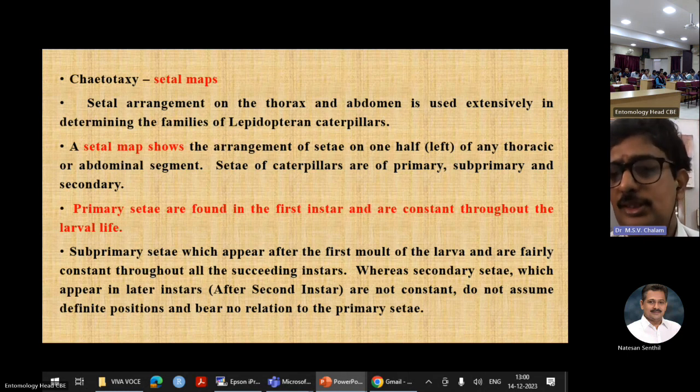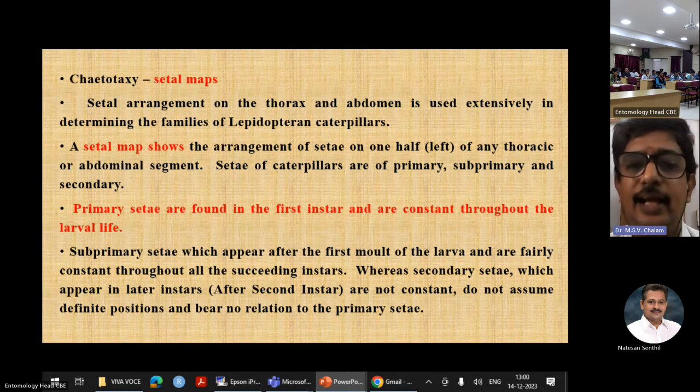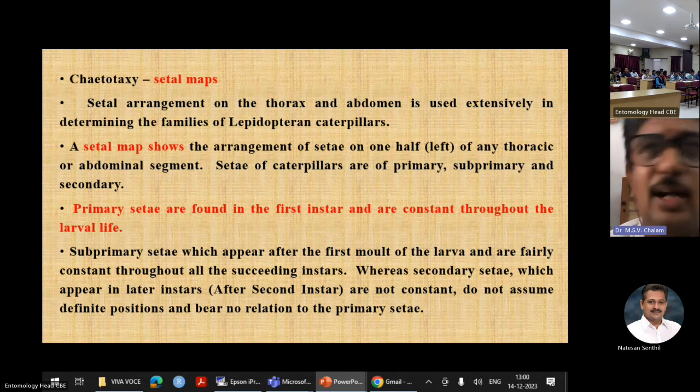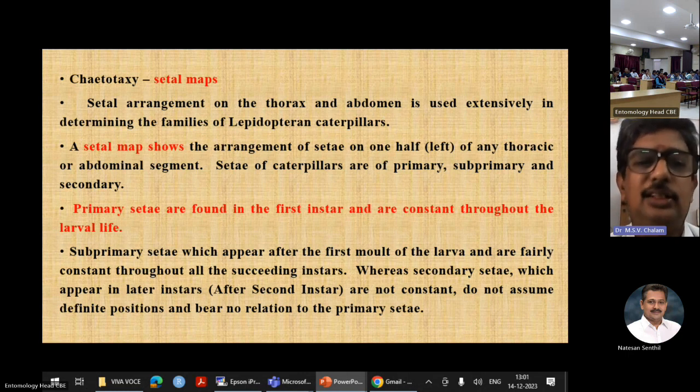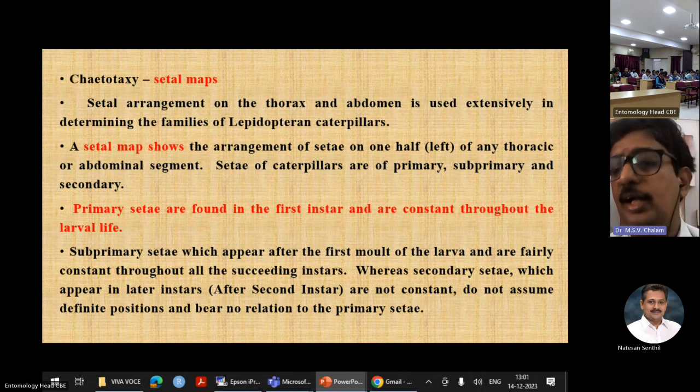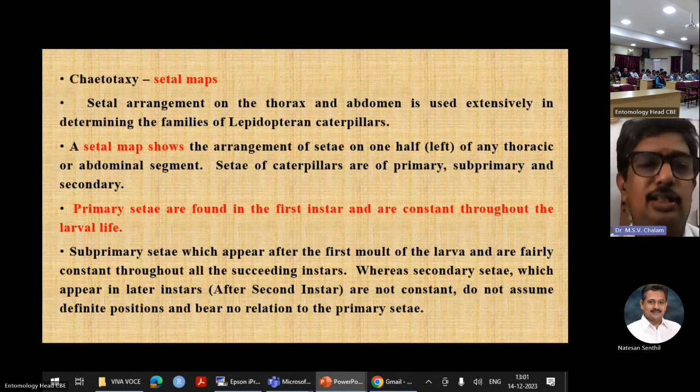Once the first instar larva acquires the primary setae, their position is constant and they never change even though the insect molts. For example, we can compare the primary setae with our own birthmarks. We have our birthmarks and they are constant throughout our life. Like that, the primary setae will not change throughout the life of the larva, and even if the larva molts, they are not lost.